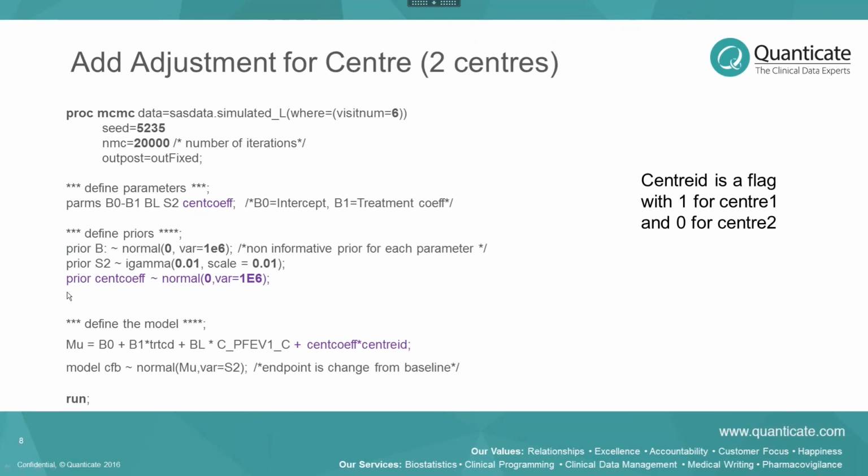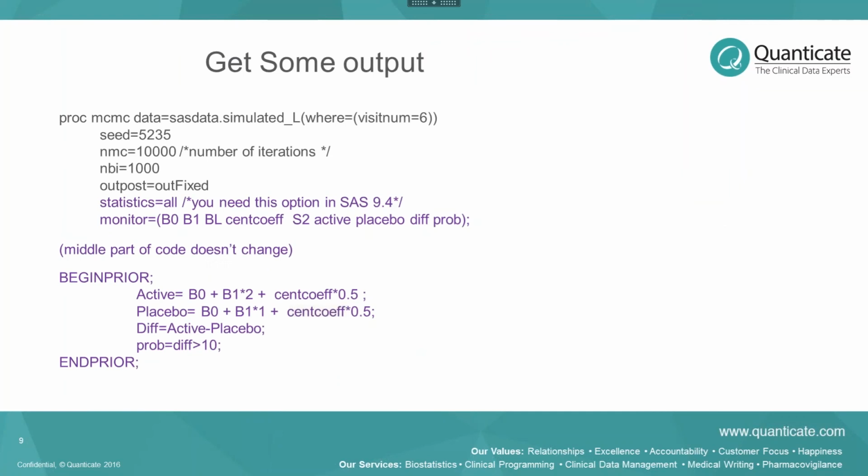So centre, I've got like a dummy variable, so 1 and 0, depending on which of the two centres it is. So I've got the parameter centre coefficient, a prior for the centre, and then adding it in here. So this will switch on and off depending on whether it's centre 1 or centre 2. If you have more centres, you need to add in a class variable for each of these centres, so it can get quite messy, which is why we've only got 2 in this example.